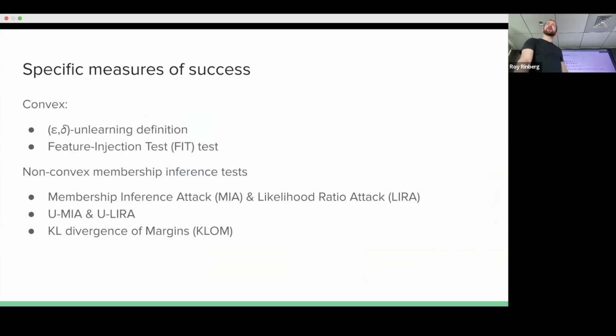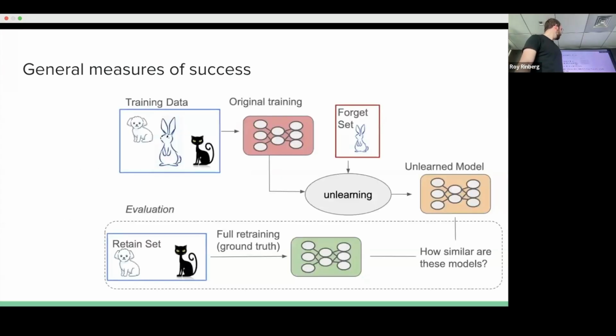I'm going to specifically talk about the non-convex setting. In the convex setting, where you're dealing with models that are well defined, you can define formal notions of statistical distance. But in large models, which are very high dimensional and not well defined, we can't really train a bunch of them and get a statistical distance between them.